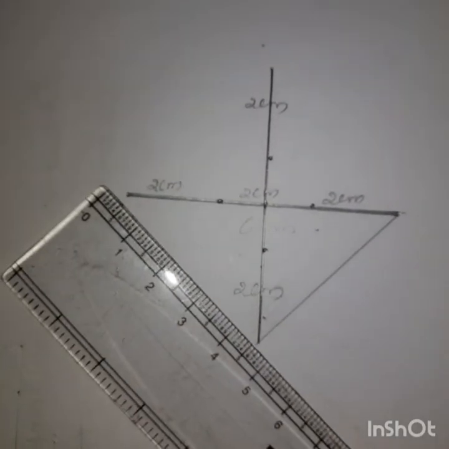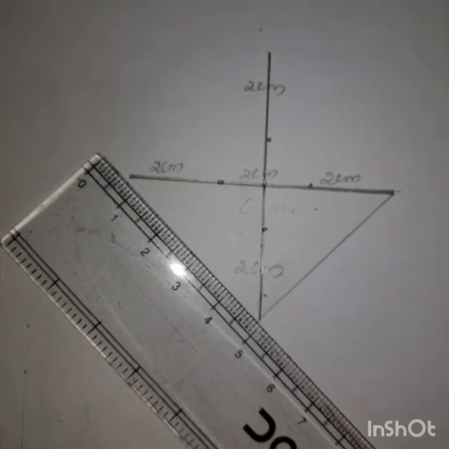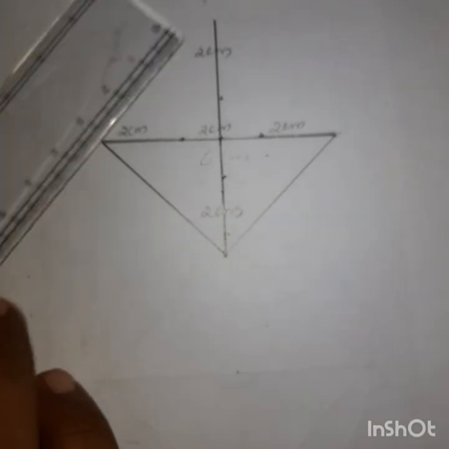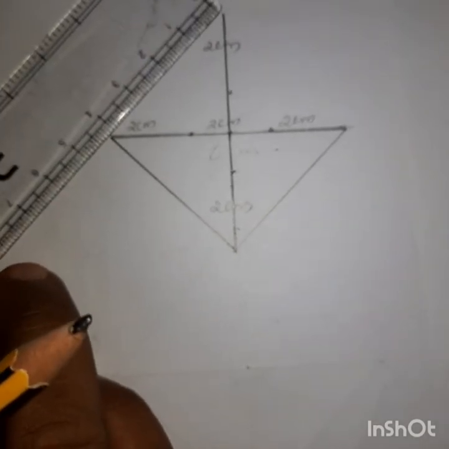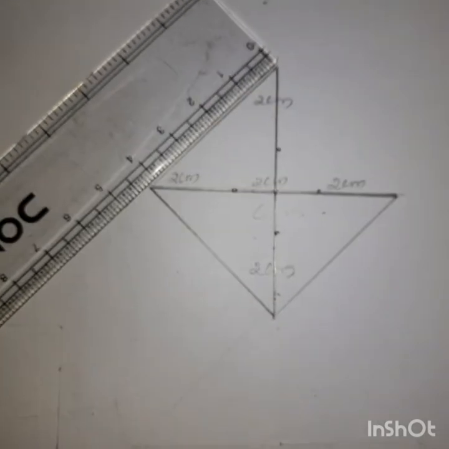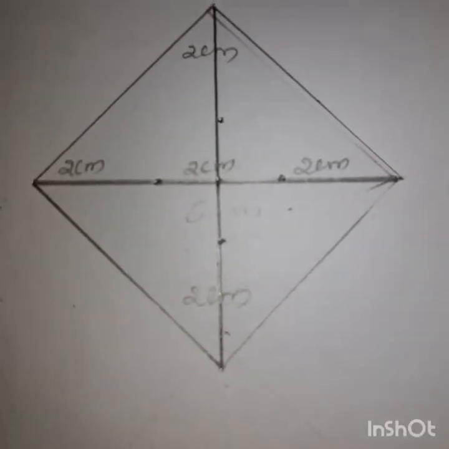Join the ends, you are getting the square. So you got a square of 6 centimeter.